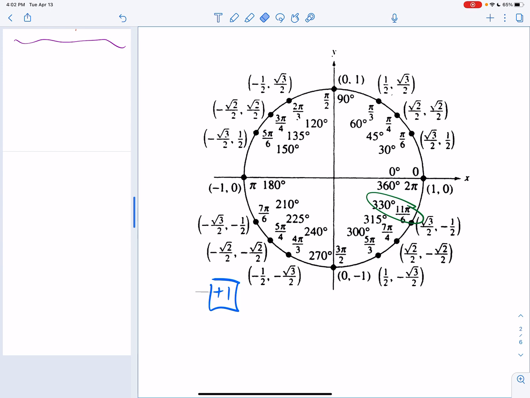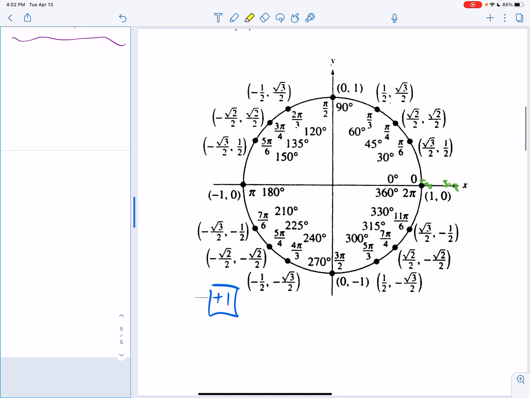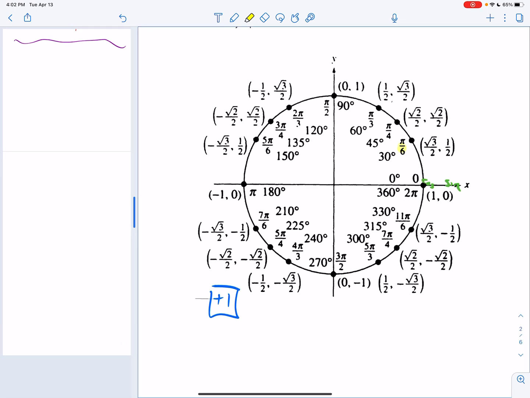For instance, if you take a look at the y coordinates, okay, and remember the y coordinates represent sine and the x coordinate represents cosine, okay? So, for instance, if you take a look at the sine of anything over 6, so, why isn't this working? There we go. Pi over 6, 5 pi over 6, 7 pi over 6, 11 pi over 6.